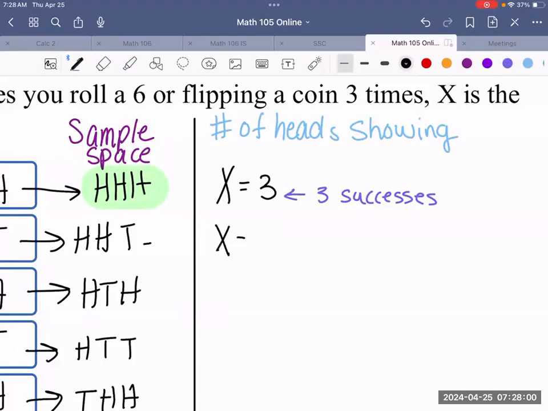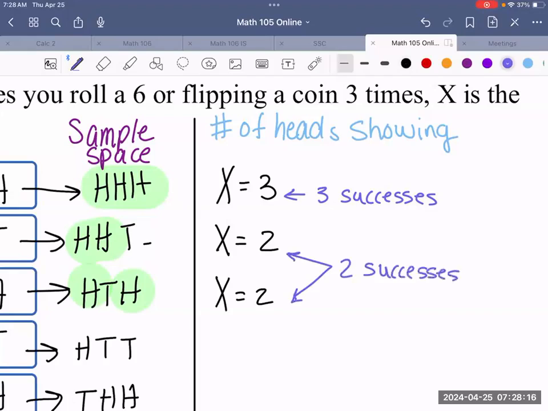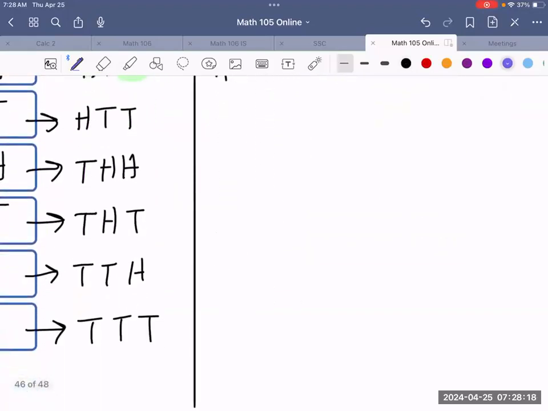Then X is equal to 2. Another one, X is equal to 2, 2 successes. So take a moment to define the remaining. Got 1 success here, another 2, 1.